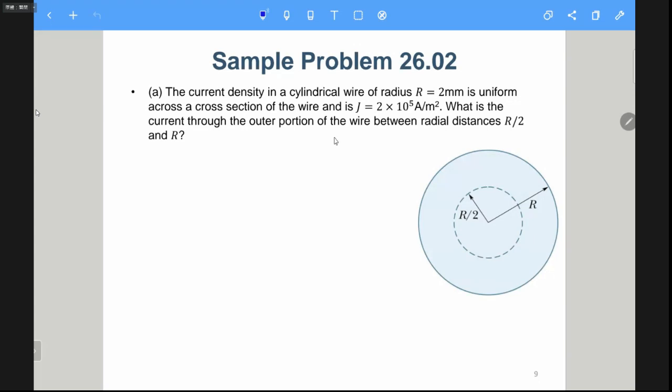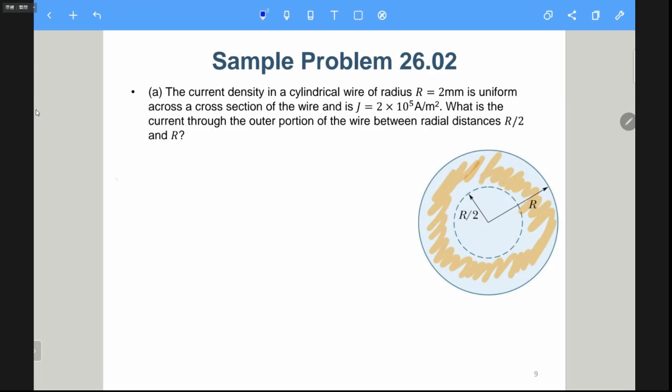It asks you to find the current going through this part only. Although J is uniform over the whole wire, it only asks you to find that part.